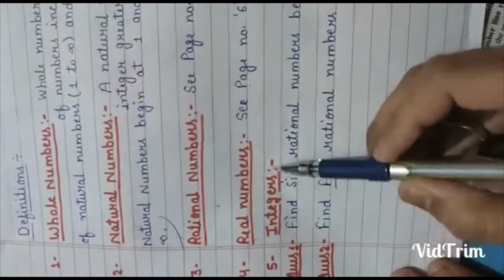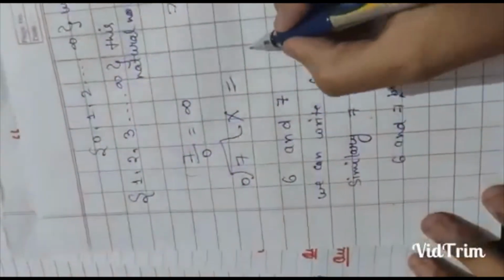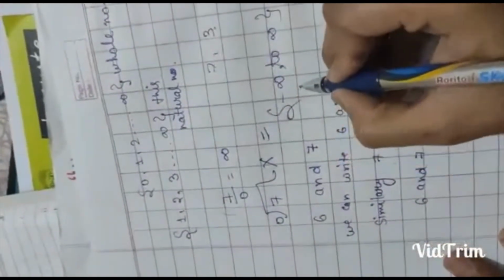The numbers which start from minus infinity to infinity are called integers.